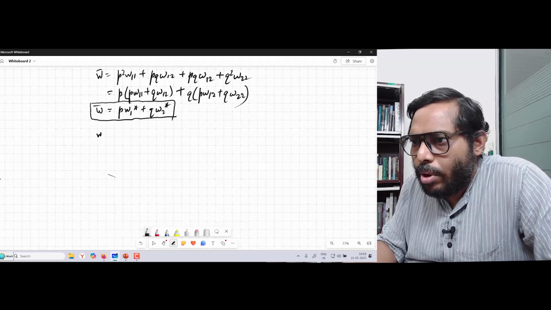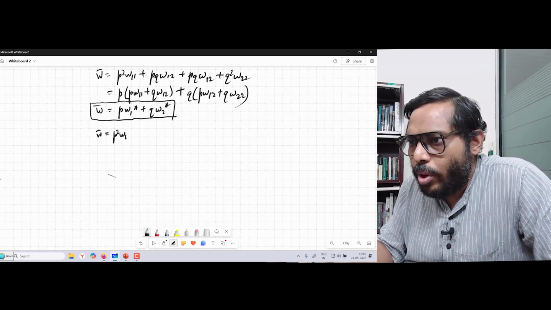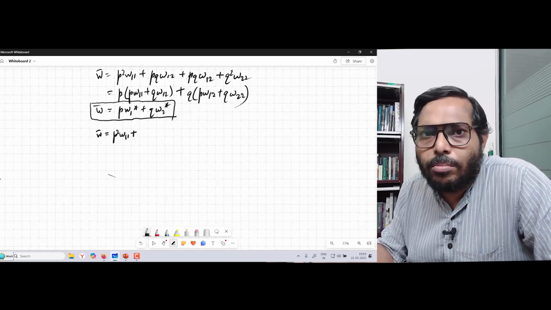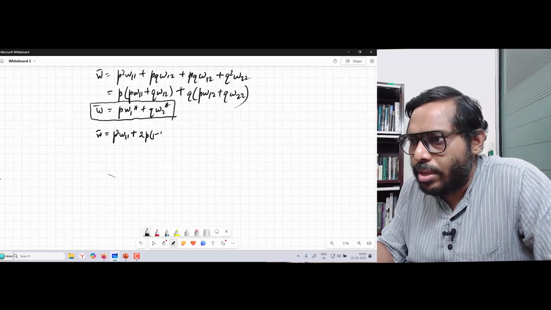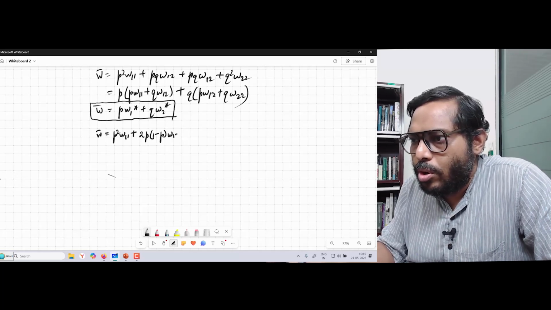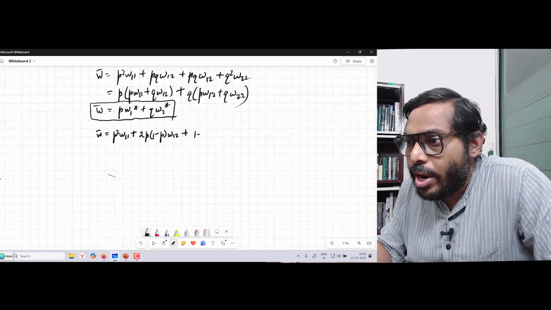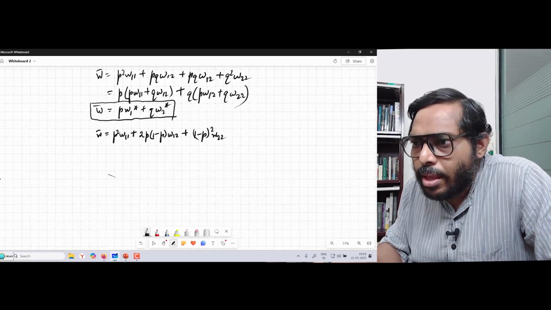So, W bar is equal to P square W11 plus 2PQW12, right. So, 2P and Q I will write as 1 minus P, W12, plus Q square W22. So, Q square I will write as 1 minus P whole square W22, easy.